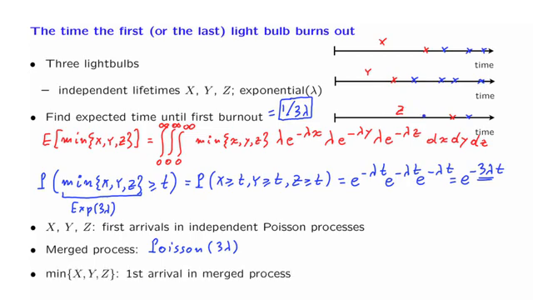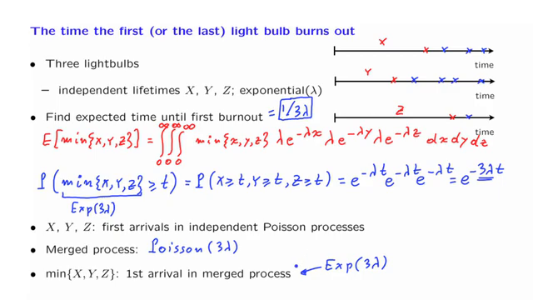Therefore, we can interpret the random variable of interest, the first burnout time, as the first arrival time in the merged process. But now the merged process is Poisson with parameter 3 lambda. Therefore, this random variable is going to be an exponential random variable with parameter 3 lambda.